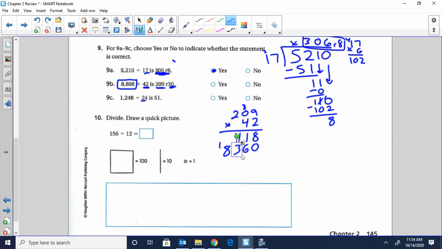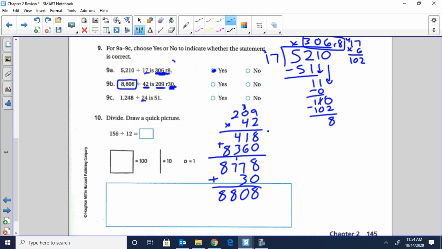If I add this up, I get 8, 7. This is also 4 plus 3 is 7. And then 8. We then need to add our remainder, which is 30. 8 plus 0 is 8. 7 and 3 makes 10. 7 plus 1 equals 8.